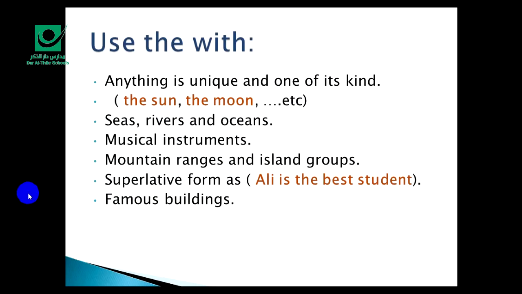And now, let's move to the second part: when we use the and when we don't use the, or we use nothing. We use the with the following. Number one, anything that is unique and one of its kind, like the sun, the moon.